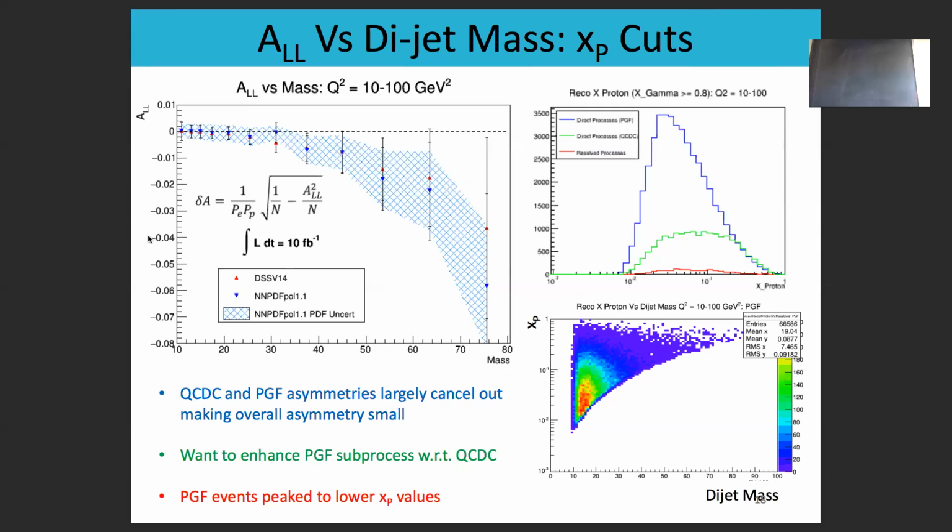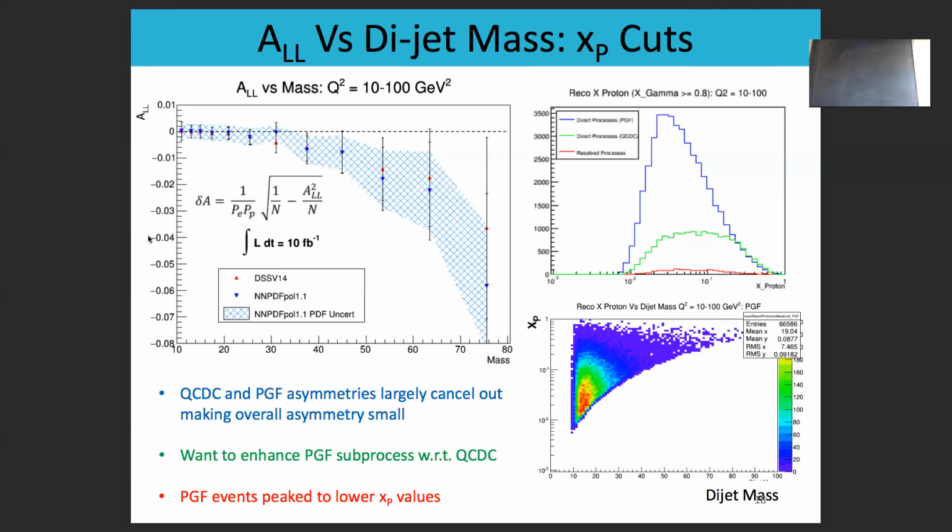So this is another game we were thinking about playing. This leverages the fact that we can also look at the momentum fraction of the parton coming from the proton, and we expect the photon gluon fusion process to peak at lower values of X than the QCD Compton process, and that's what you see here.